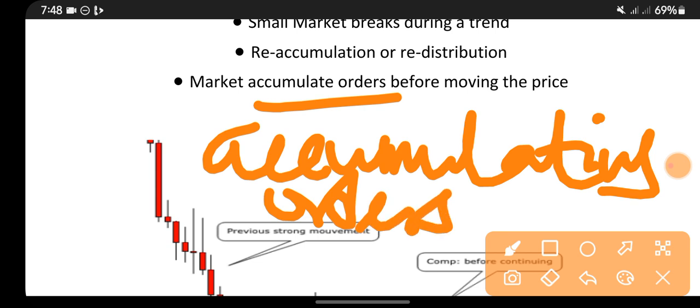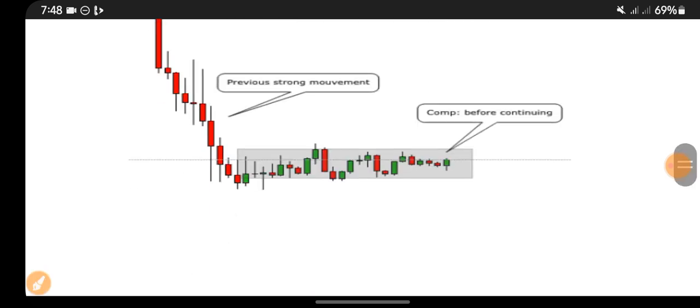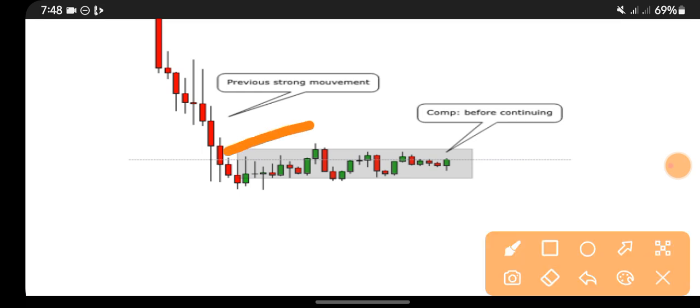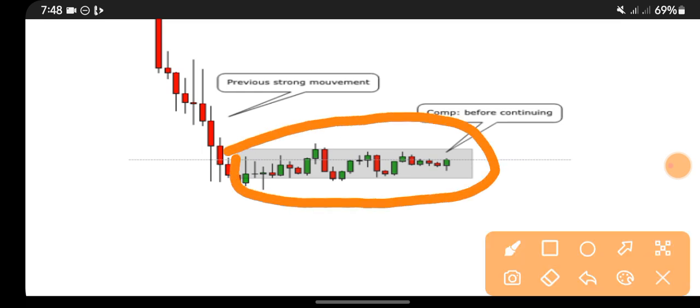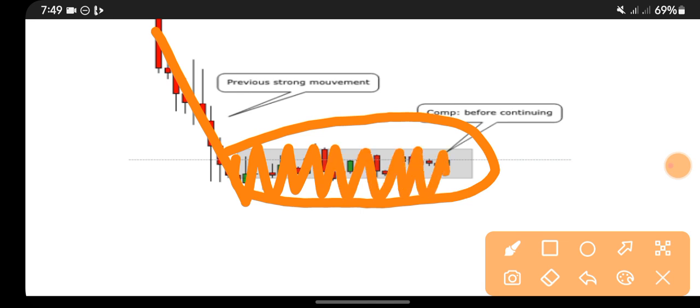When we say orders, it is the positions that people open. Even on your chart, you will see that there is more volume during an accumulation. This is what consolidation looks like. After a big trend, the price consolidates for a while, takes orders, and then goes down again.